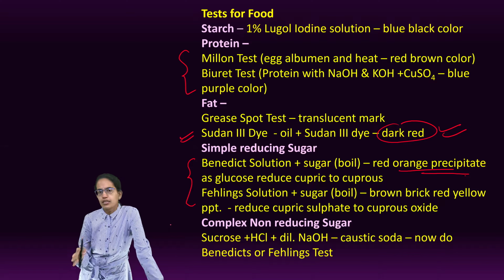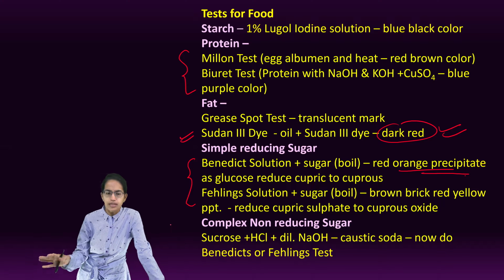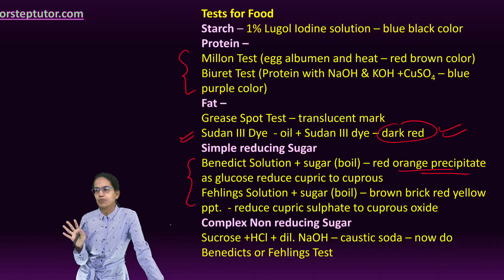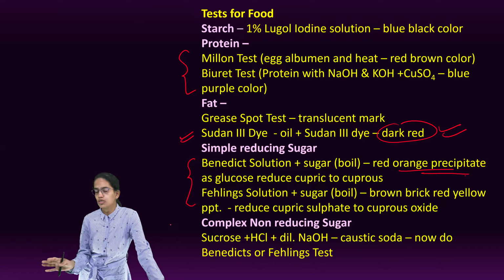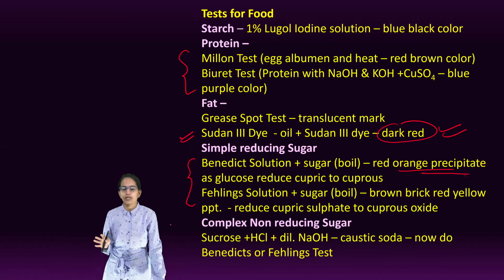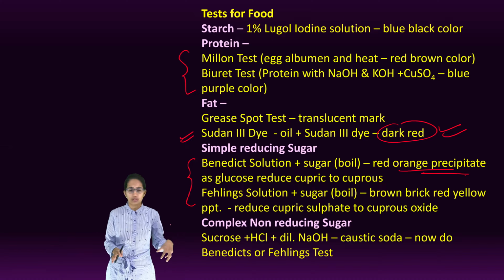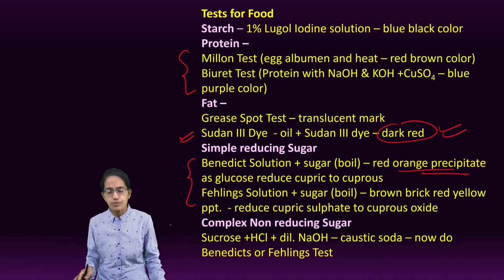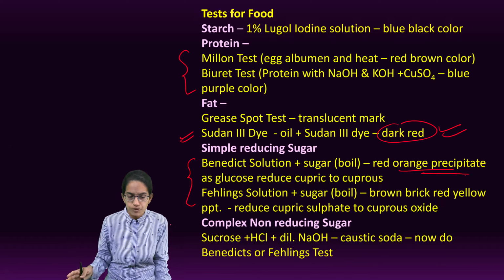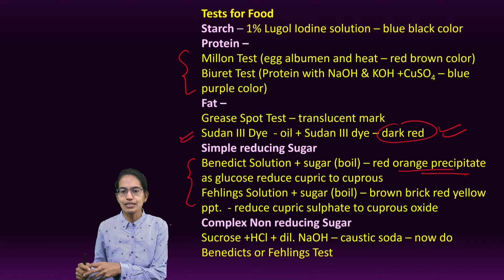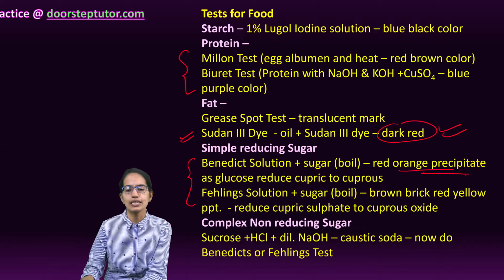Fehling solution again combines with sugar, and when boiled gives a brick-red, yellow precipitate, and this reduces cupric sulfate to cuprous oxide, indicating the presence of simple reducing sugars. Now for complex non-reducing sugars, what is done? Sucrose is combined with hydrochloric acid and dilute sodium hydroxide or caustic soda, and what is created is then tested with the Benedict test and Fehling test.